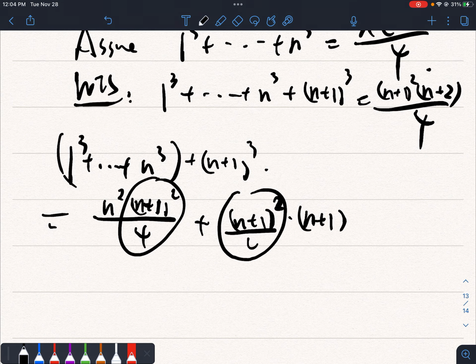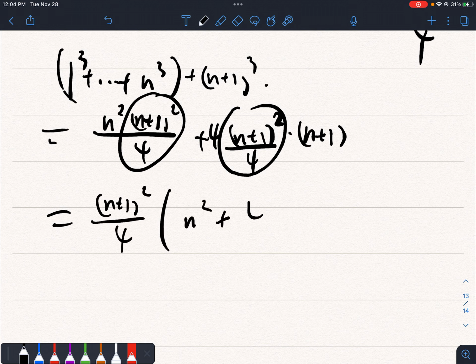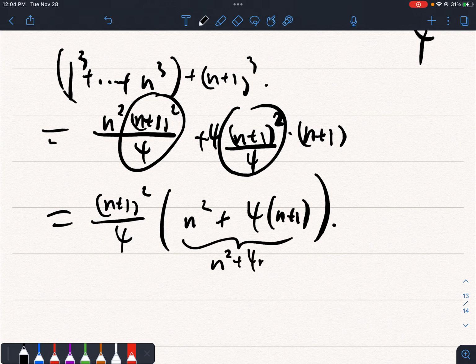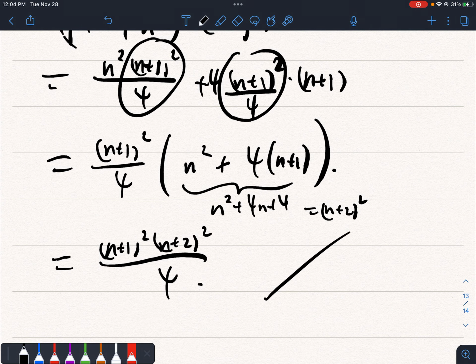You can think of this as dividing by 4 and then multiplying by 4. So then this will be n plus 1 squared over 4 times n squared plus 4 times n plus 1. And then this is n squared plus 4n plus 4, which is n plus 2 squared. So then this becomes n plus 1 squared times n plus 2 squared, divided by 4, and you win.